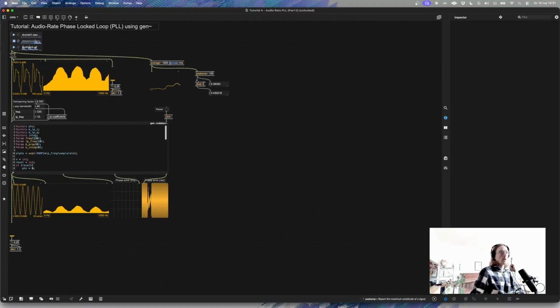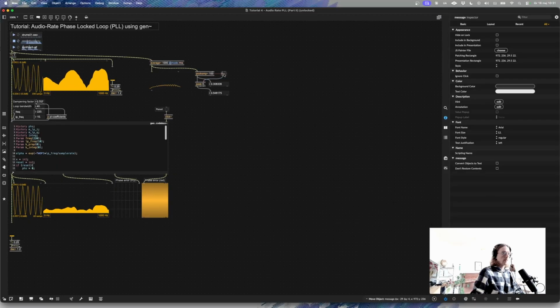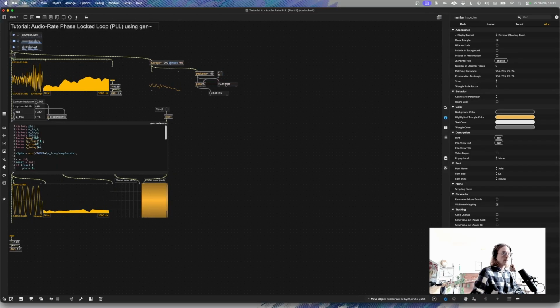So anytime a larger number comes in, we increase here the maximum. And we can send 0 whenever we want to reset the peak to 0 and recalculate it.